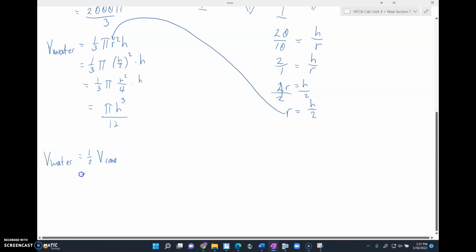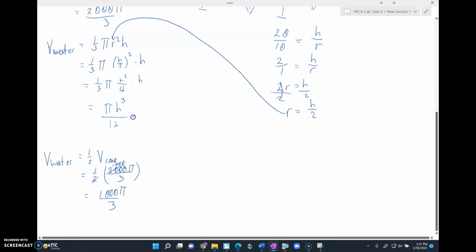And we have an expression for the volume of the cone, which is the 2,000 pi over 3. And so 2 goes into 2,000 1,000 times, right? So I end up with 1,000 pi over 3.